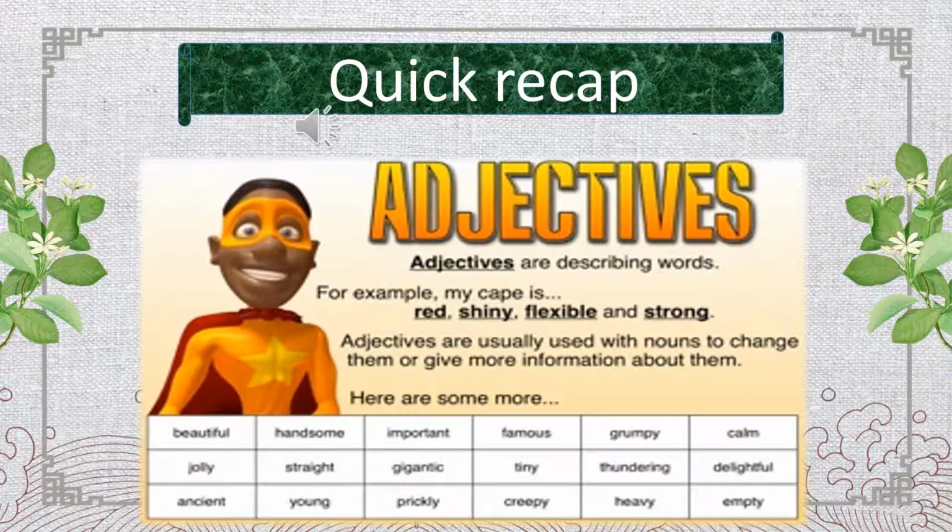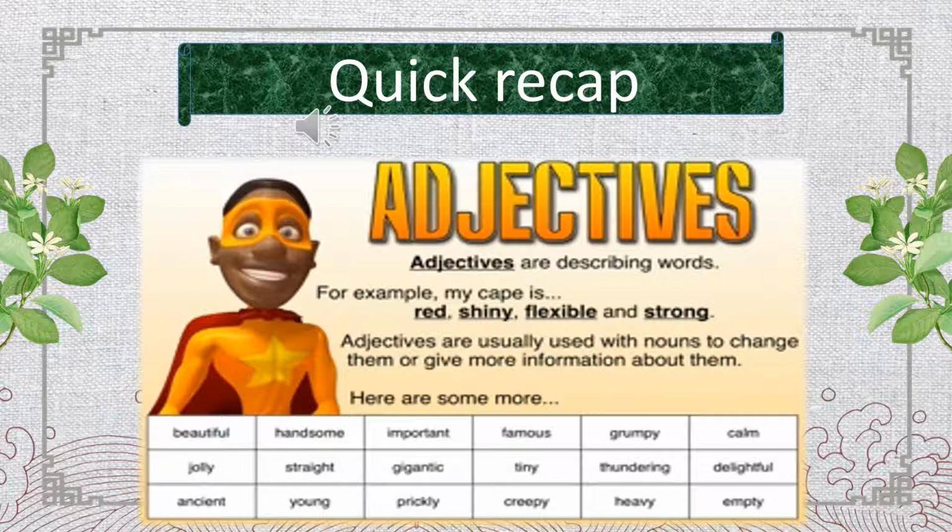In this slide I have written some adjective words together. Let's read and try to understand. First, adjectives are describing words, as I told you in earlier slide also. For example, my cape is red, shiny, flexible and strong. What is cape, students?